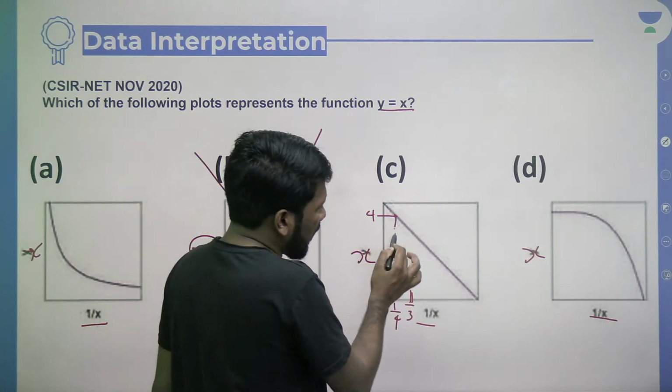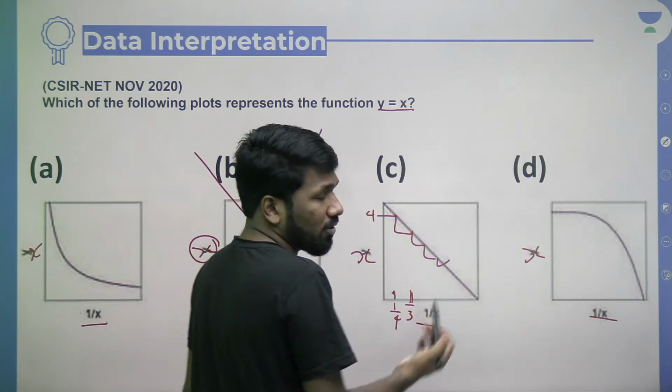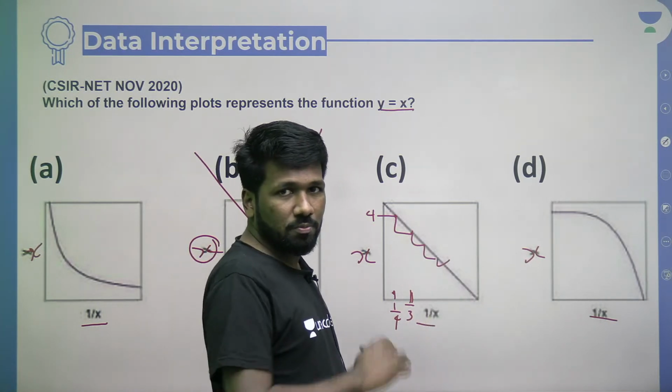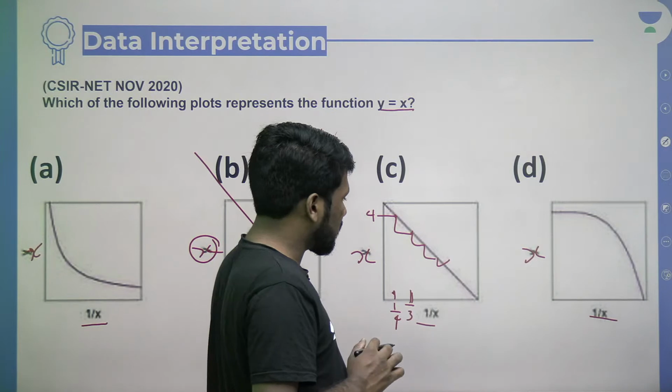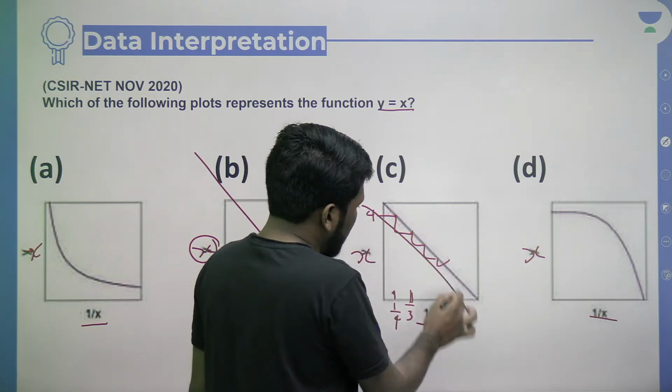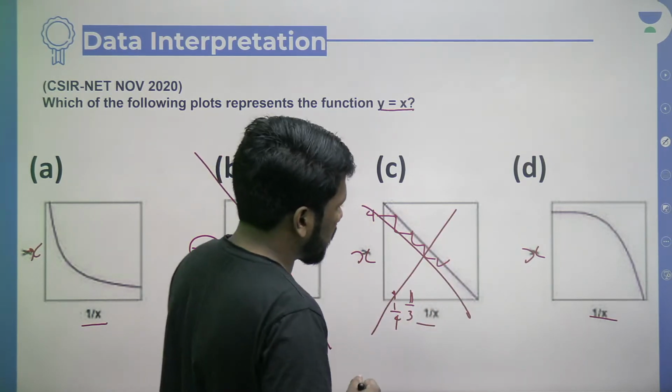So a linear reduction is not possible at all. It should be an exponential reduction. So that is why definitely this graph is also wrong.